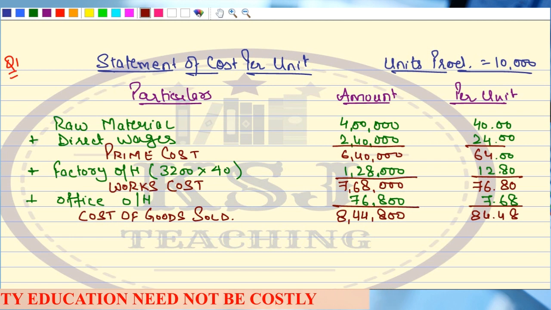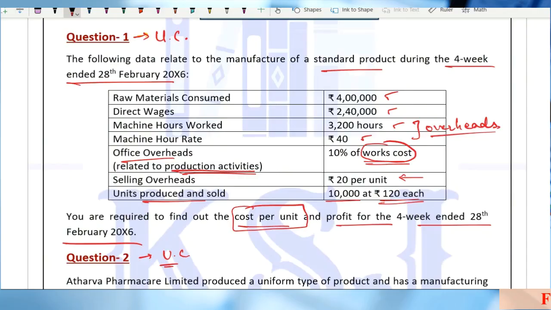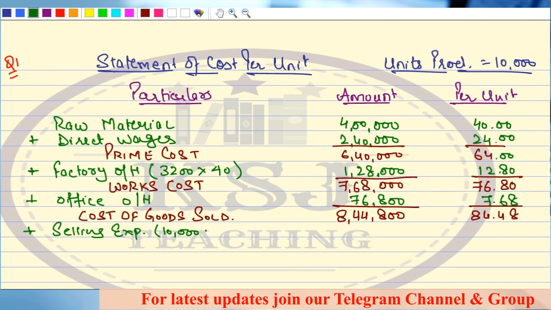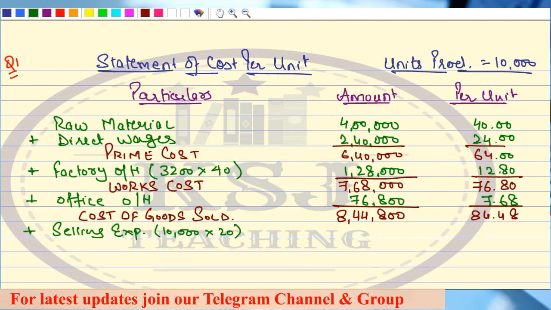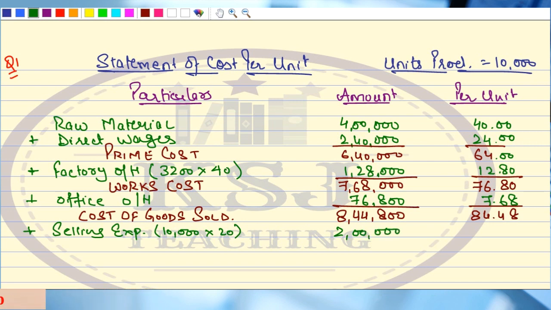Clear? After that we are going to take the selling expenses. How much? Rupees 20 per unit, and units sold is 10,000 multiplied by 20. So this comes to 2 lakh and the price is 20.